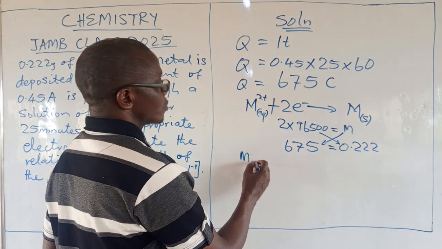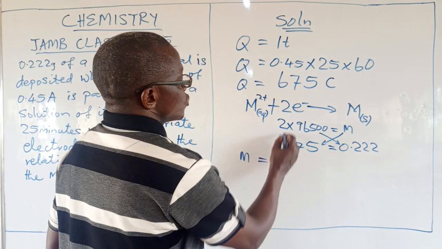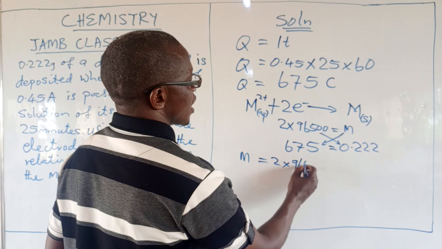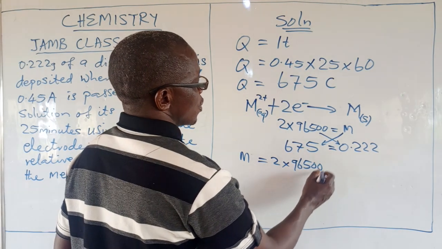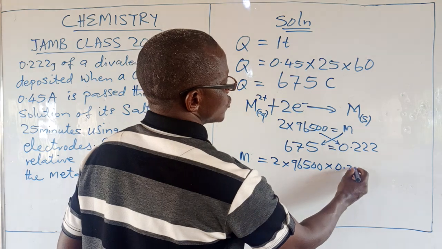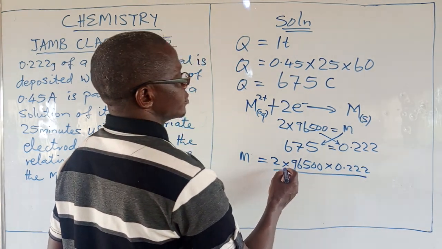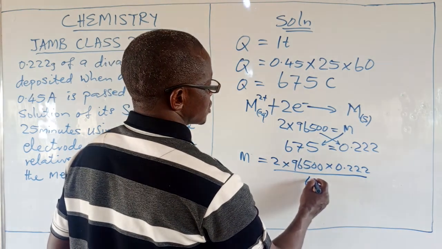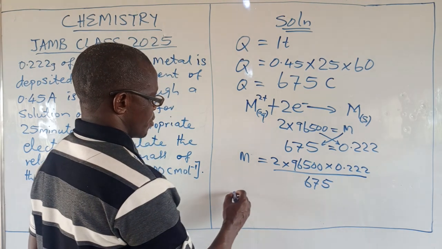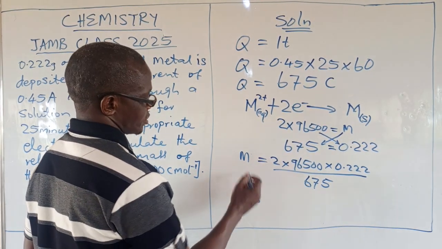My M now is equal to 2 times 96500 times this one, 0.222 all over 675. Okay, my mass now, remember this M stands for what? Mass.